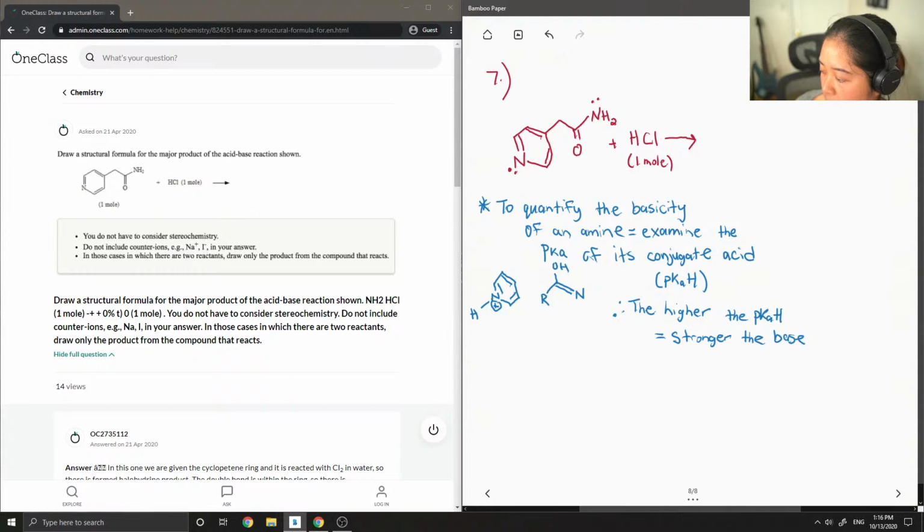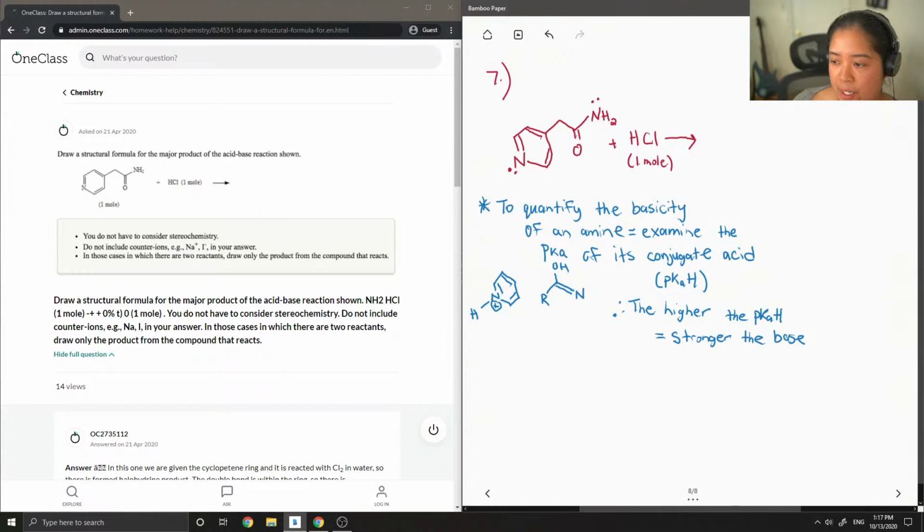I know it's a bit confusing. Again, pKaH is the pKa of the conjugate acid of these bases, which I drew here. And basically, the higher the pKaH, you get a stronger base.